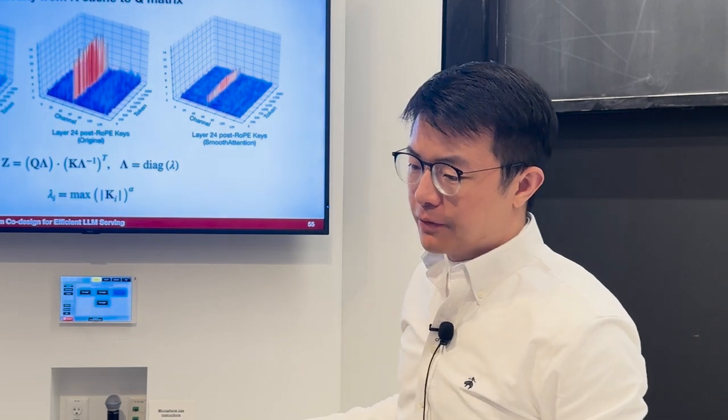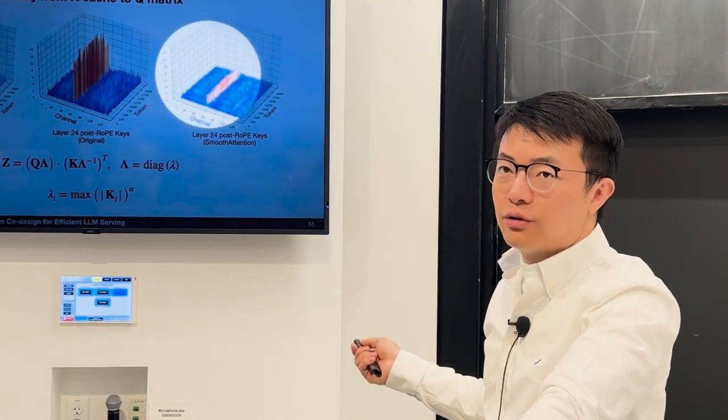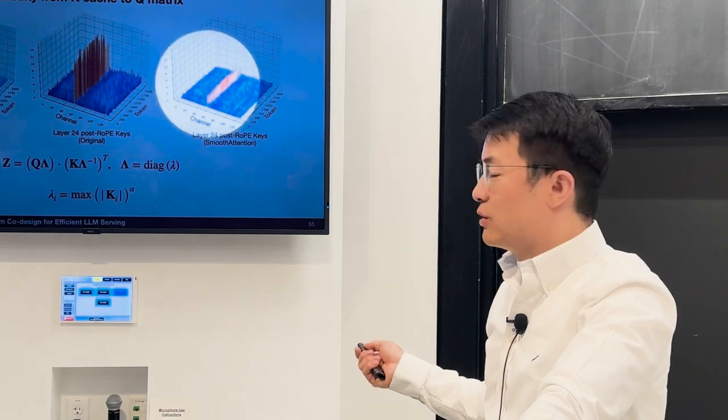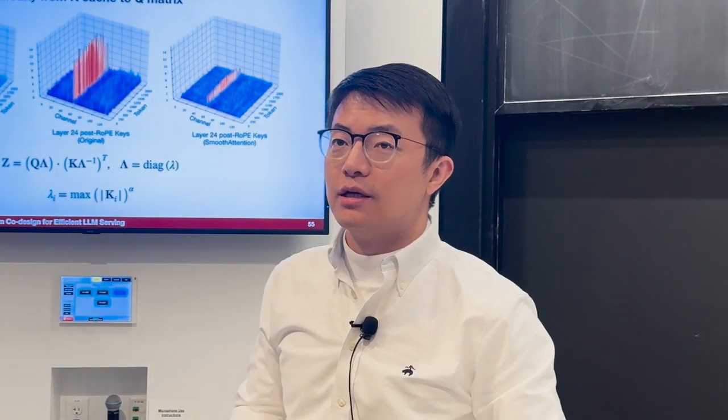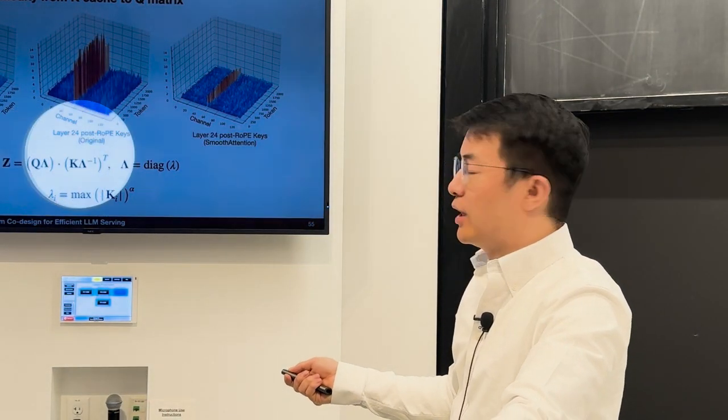So we can apply SmoothAttention, using a similar approach to SmoothQuant, to smooth away those outliers in the keys. Since the keys will be multiplied with the queries, we want to push the quantization difficulty between the query and the key.